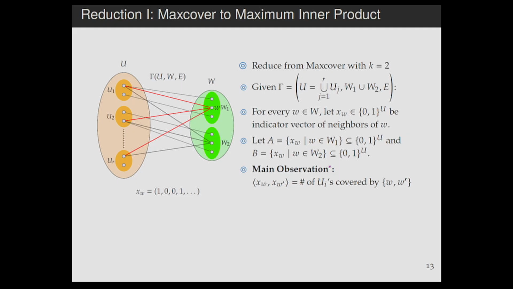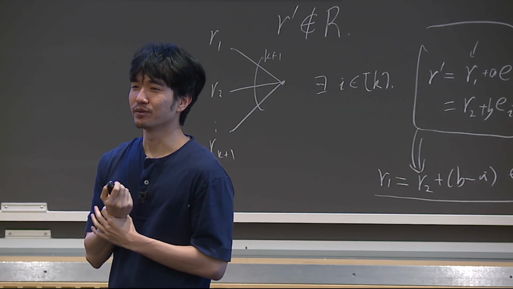We do this because these are 0, 1 vectors, so the inner product is exactly the number of common neighbors they have on the left, which is exactly the number of supernodes that are covered by these two. And since they are from different sets, W1 and W2, this is just the definition of a labeling. Okay? So that's it. That's a gap-preserving reduction from max cover to max inner product.